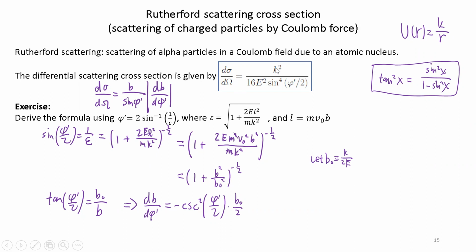It will also be inversely proportional to E. What is E? E is the energy of the particle, by the way. The energy of the particle can be calculated just from the initial kinetic energy.